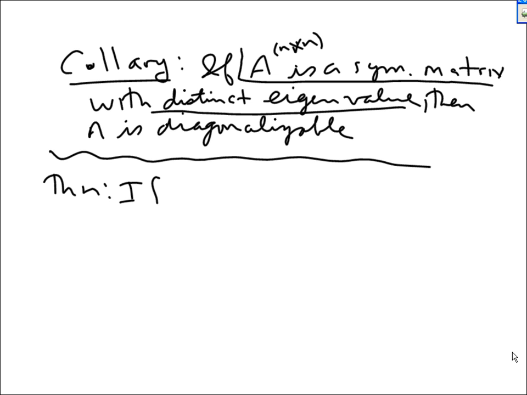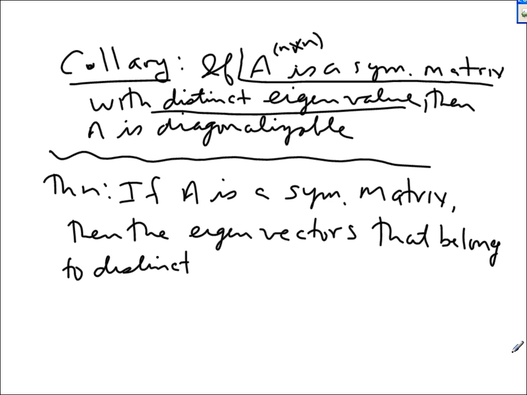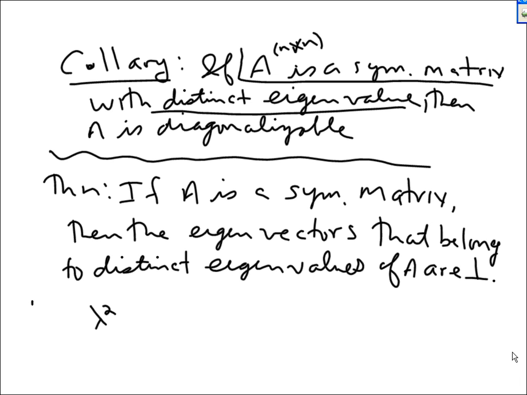Theorem: If A is a symmetric matrix, then the eigenvectors that belong to, or are associated with, distinct eigenvalues of A are orthogonal.